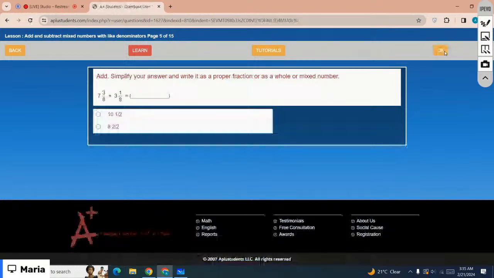Okay, the next one is add, which is the correct option? Yes, the correct option is option number 1, that is 10 whole 1 over 2.